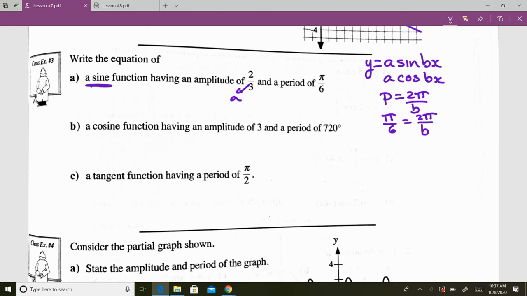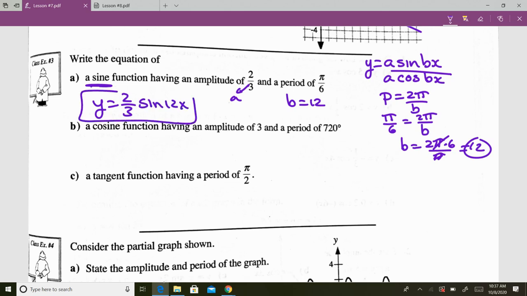Multiply the b up, multiply the 6 up, divide off the pi. You will get b is equal to 2 pi times 6 over pi. The pi's go bye-bye, and you're left with 12. So your b value is 12. And then you just plug it into this formula. So it's y is equal to 2/3 sine 12x.